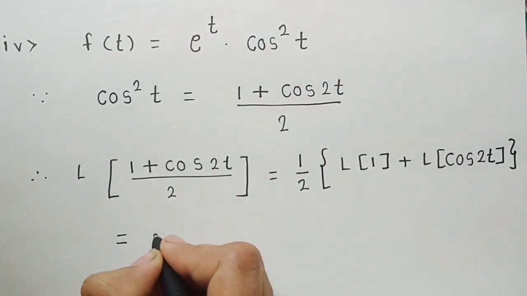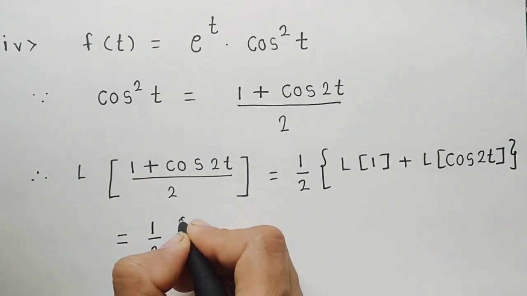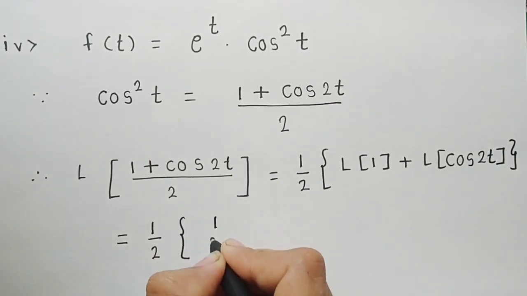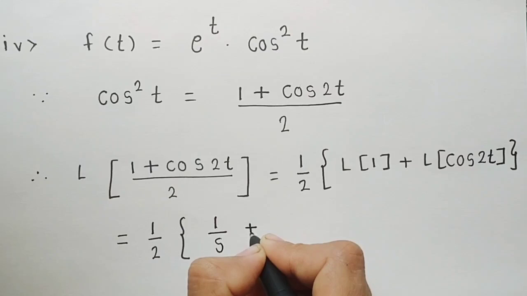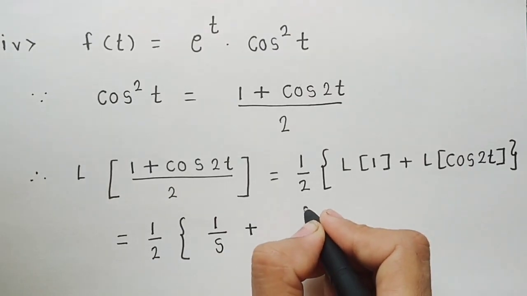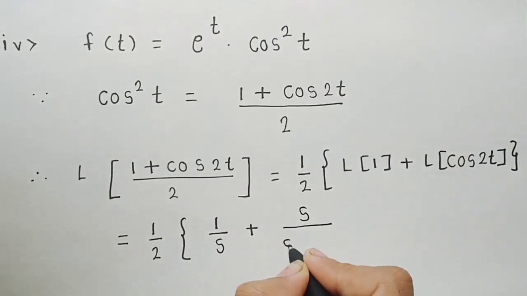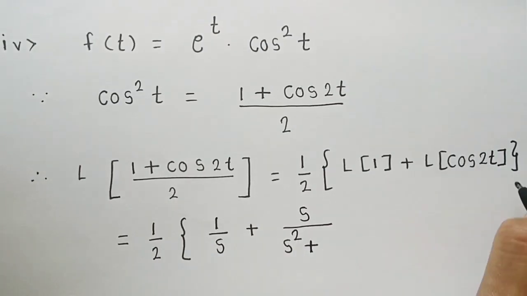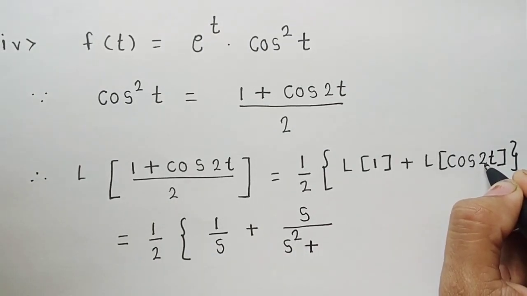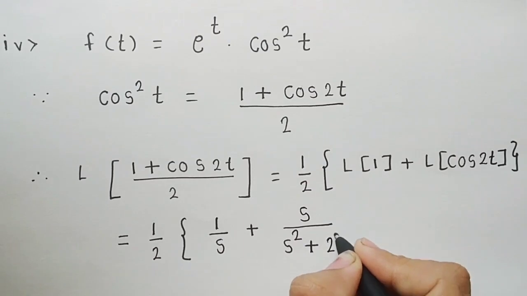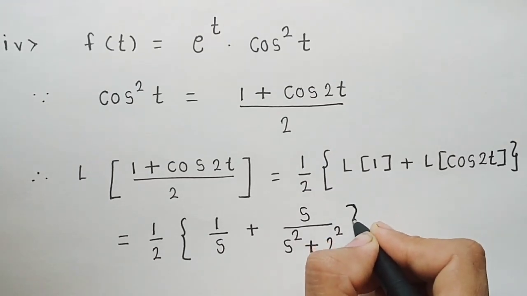Which equals 1 upon 2, Laplace of 1 is 1 upon s, and Laplace of cos 2t is equal to s upon s square plus a square. The value of a is 2 here, so write down 2 square.